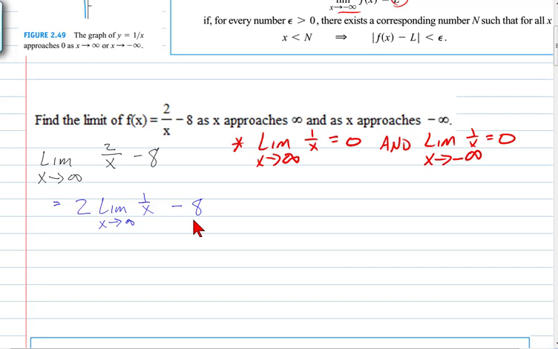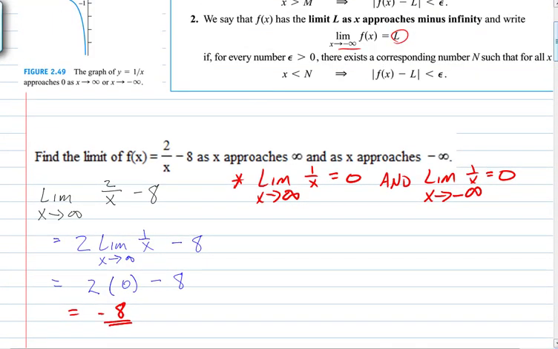So that's going to be equal to 2 times, what's this limit? 0 minus 8, and that is negative 8. So there's the limit as x approaches infinity. Guess what it's going to be when x approaches negative infinity? The same thing.